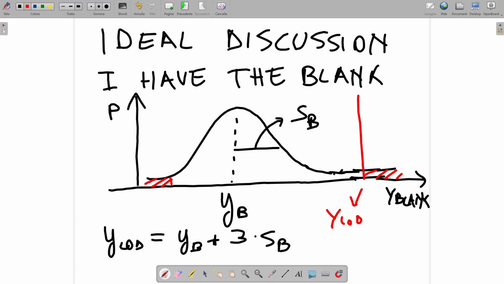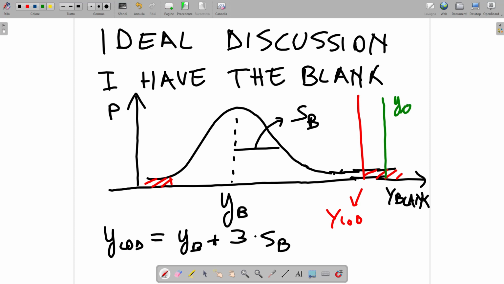So I want this tail to be very low, 0.15 or 0.3%, because I want the risk of being wrong in saying that the analyte is present to be low.